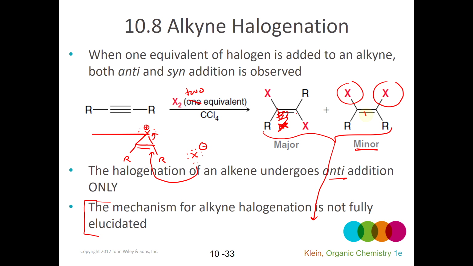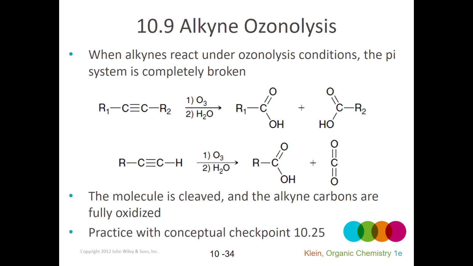So this other pi bond here would break, and in either case, I would get 4 halogens adding in total across both of the pi bonds. So be aware of that as a reaction as well.